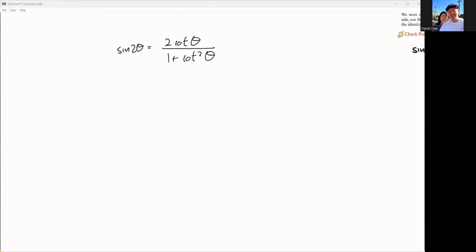If you understand that 1 plus cotangent squared theta, you should be able to.